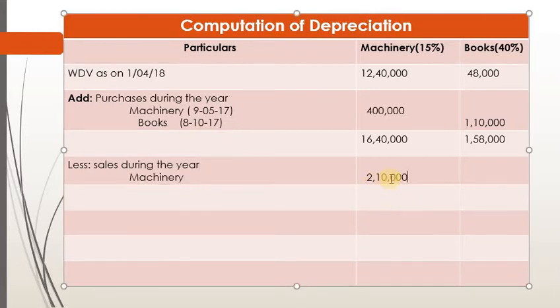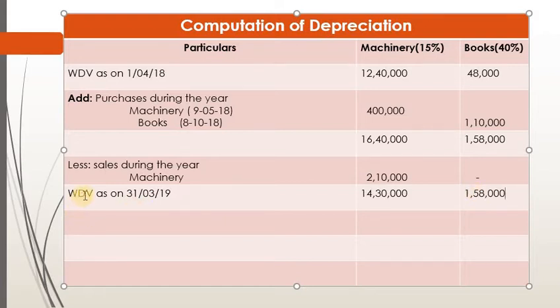Written down value at the end of the year, as of 31/3/2019, is 14,30,000. So 16,40,000 minus 2,10,000 is 14,30,000. For books, there is no sales, so 1,58,000 is the written down value at the end of the year.